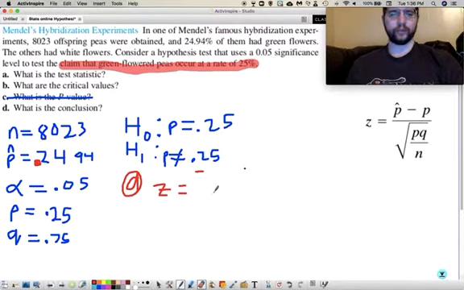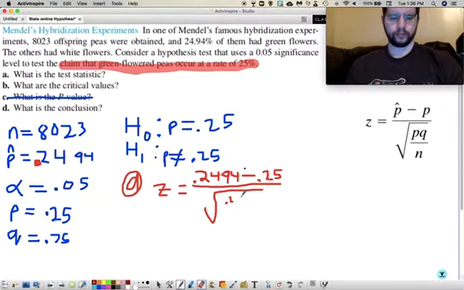We don't want percentages, convert them. So 0.2494 minus P, we said was 0.25, over the square root of P times Q over N, and N was 8,023.